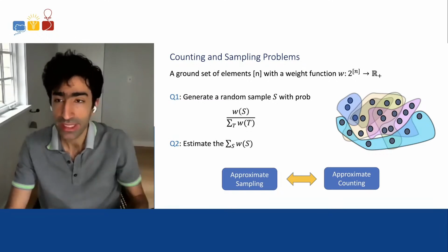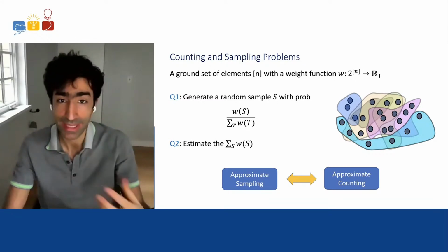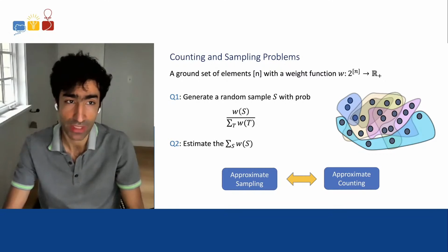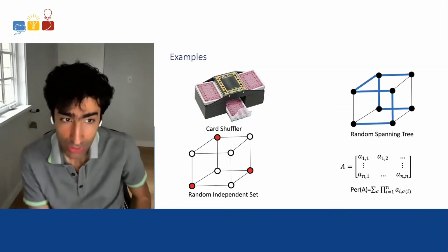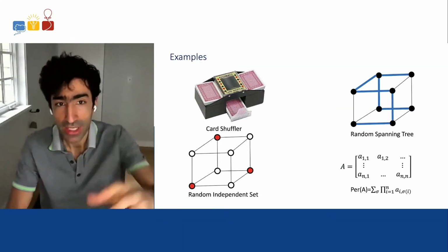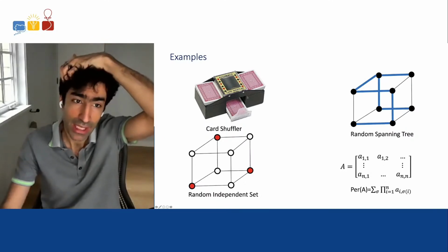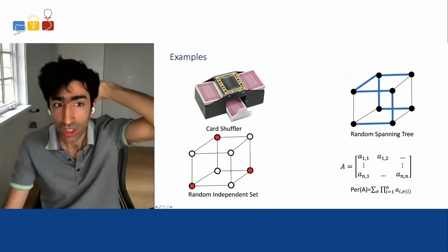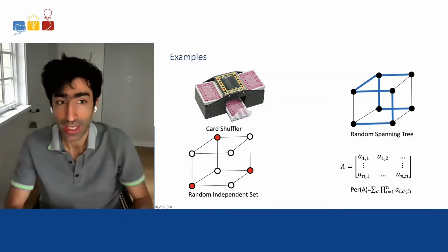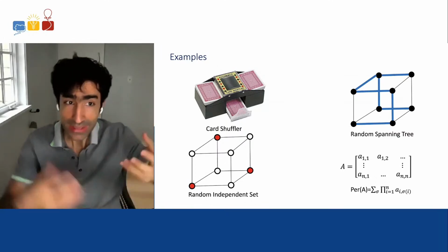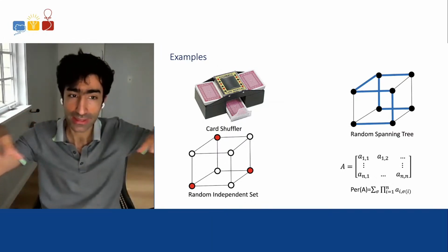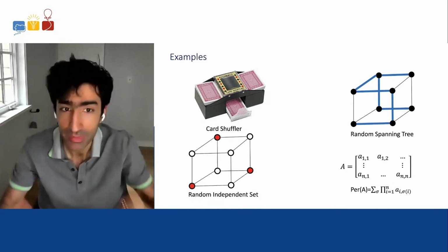Before I begin the math, I want to tell you some examples and applications. Here are 4 examples. In the top left, you can see a machine called the card shuffler. What it does is take a deck of cards and make them random.